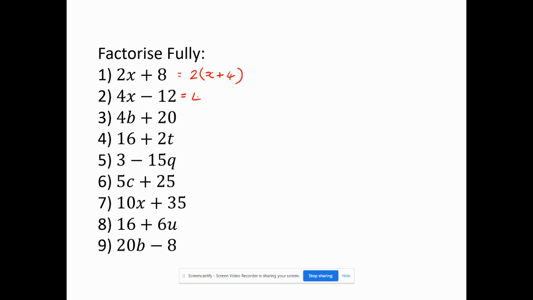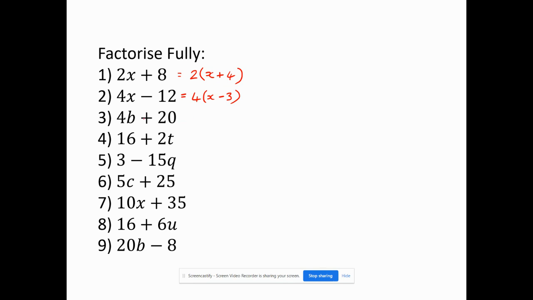And so if 4 comes out in front, we're going to need x there. 4 times x is 4x, and 4 times negative 3 gives us the minus 12, the second part there. So if that makes a little bit more sense, keep going and have a go with the rest of them, and then keep watching the video for the rest of the solutions.